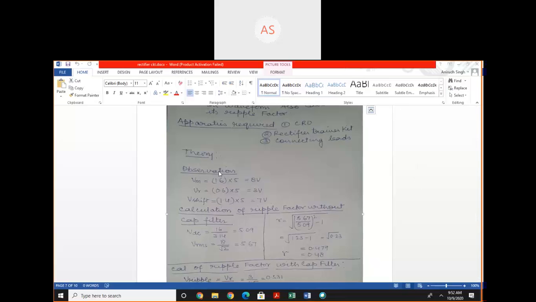So 7 plus 3 by 2 is equal to 8.5. If we calculate the ripple factor by substituting the values of V ripple and VDC ripple, we get 0.0624. It means that in this case ripple factor is also reduced with capacitor filter.